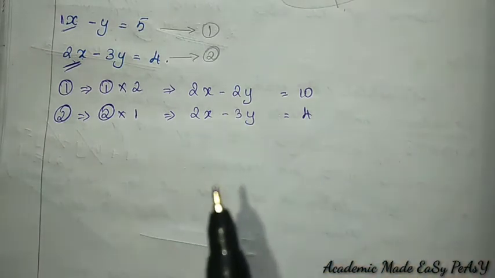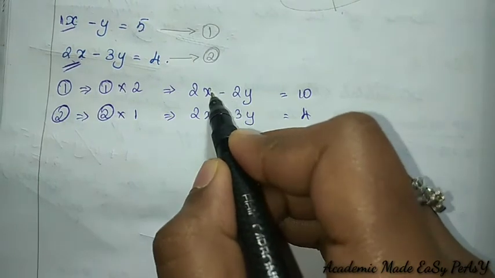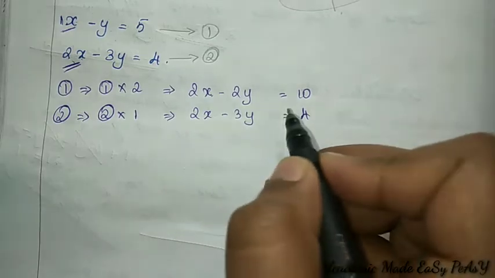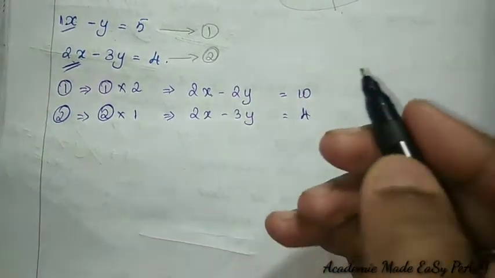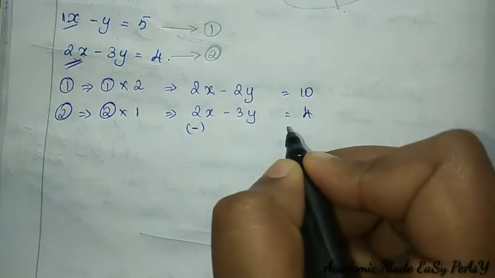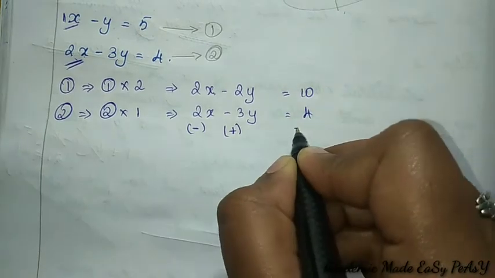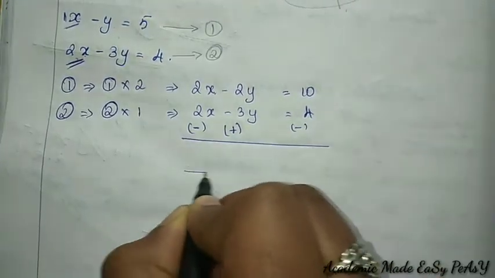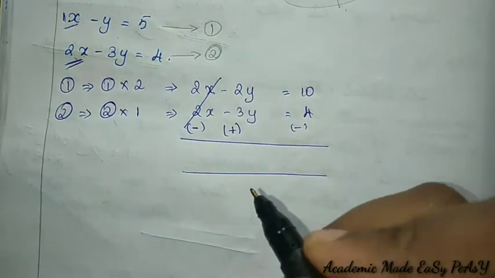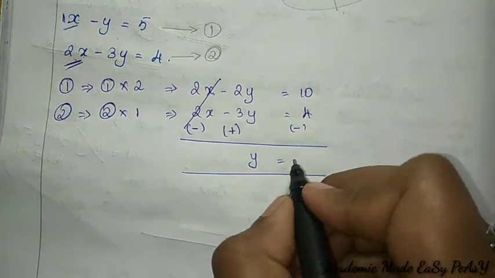To eliminate x, I change the sign throughout, as we did for polynomials. So subtracting, we cancel the x term. Minus 2y plus 3y is y, and 10 minus 4 is 6.